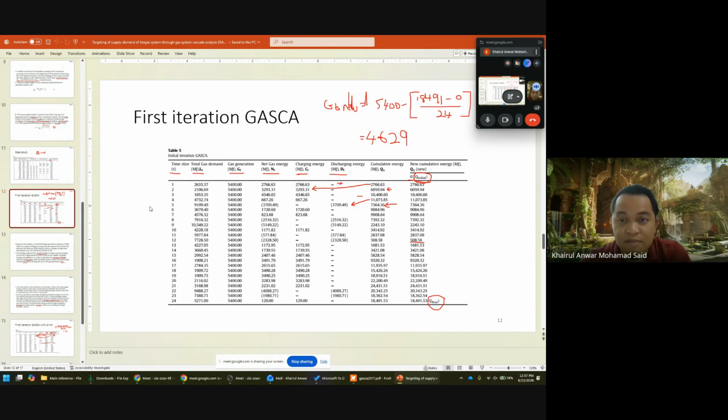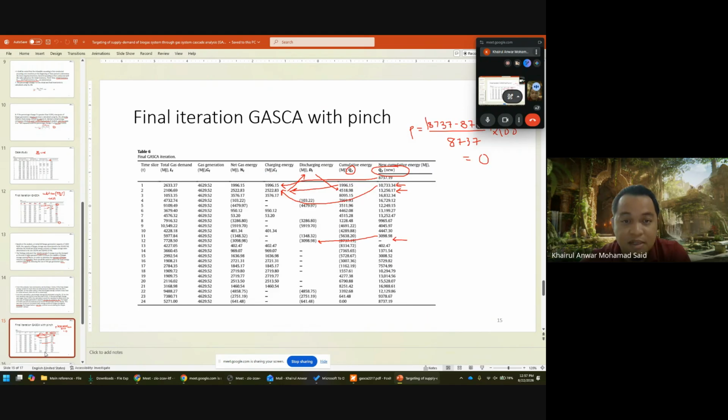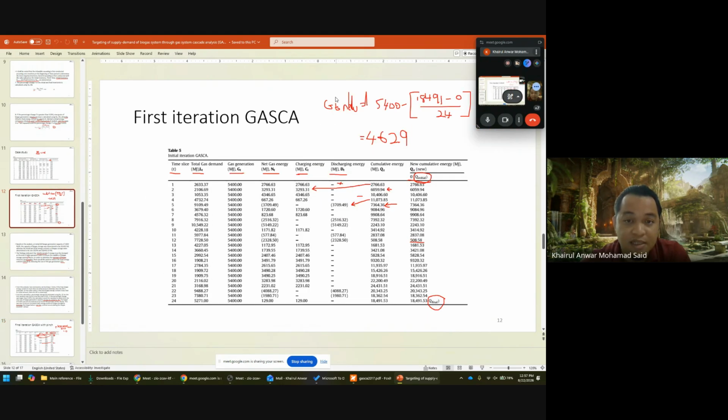Okay. So next is to find another GT, GT new, using the value from the initial iteration. So we have this, the old value for GT, 5400, minus 18,491, the Q final, minus 0, divided by 24.